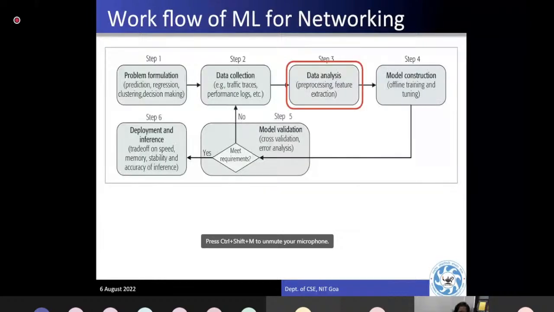Next, what we did: first, we formulated our problem, deciding what type of problem it is. Second, we did the data collection. Third, one really important part, is the data analysis. As I said, one important feature of machine learning is to extract the hidden features, the hidden patterns.